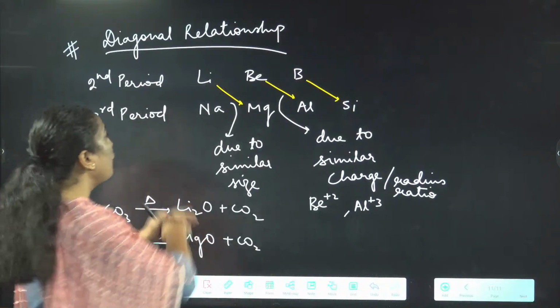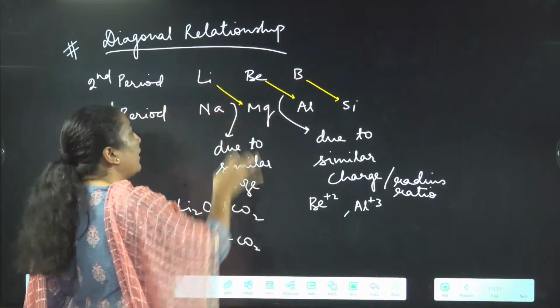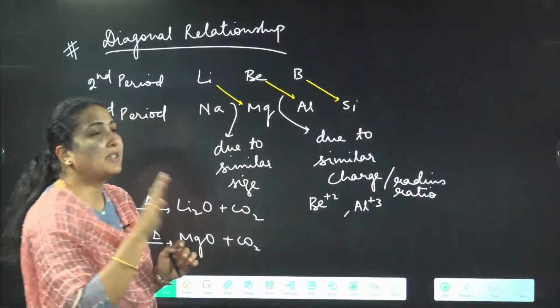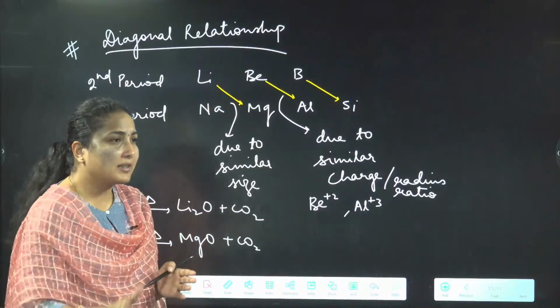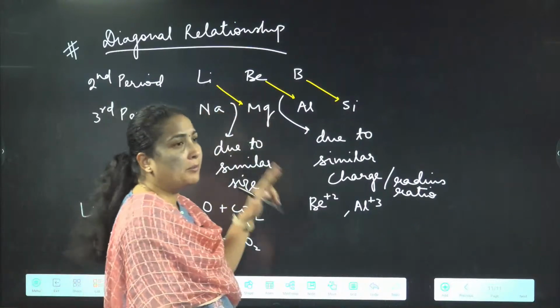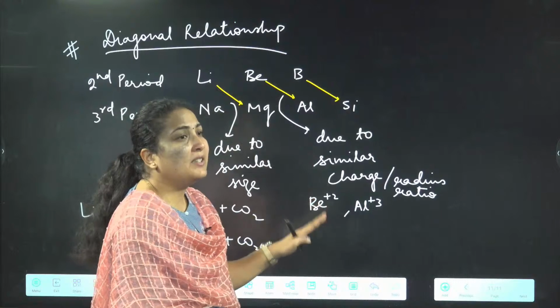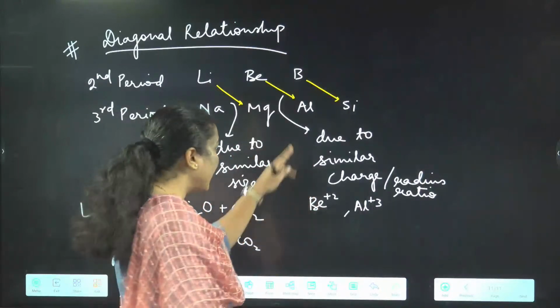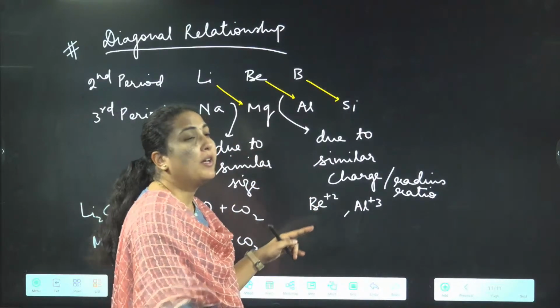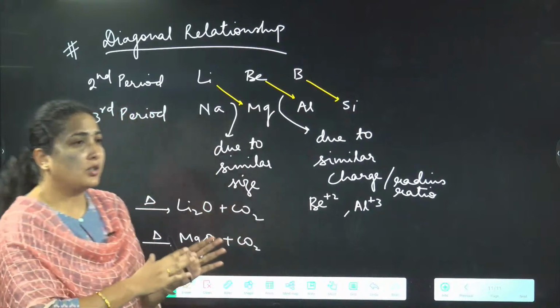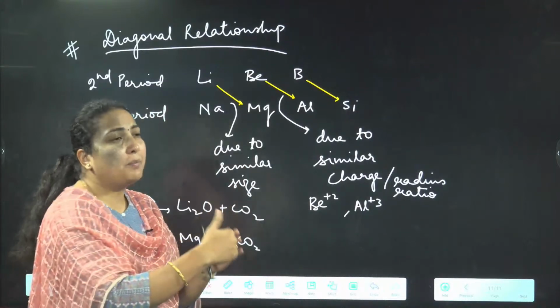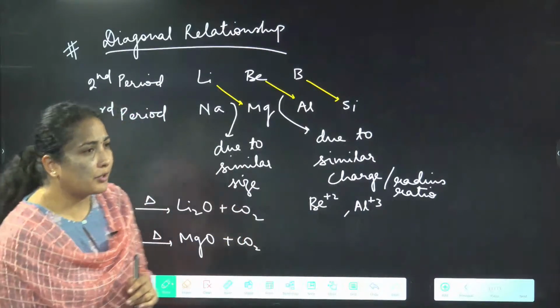Getting it? And first of all, why is that diagonal relationship there? For lithium and magnesium, it's basically the similarity in their atomic and ionic sizes. And when it comes to beryllium and aluminium, there is similarity in their charge to radius ratio. And when I am referring to charge to radius ratio, I am comparing Be plus 2 charge and the size of it with Al plus 3 charge and the size of it.